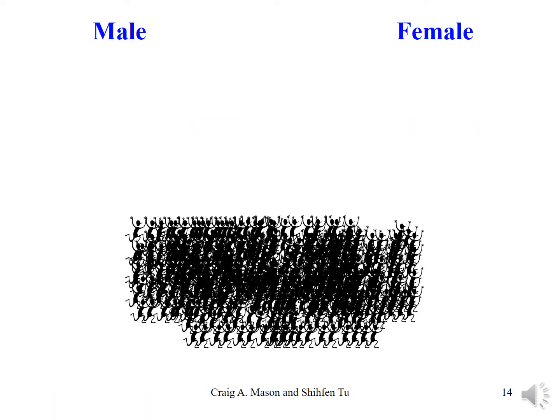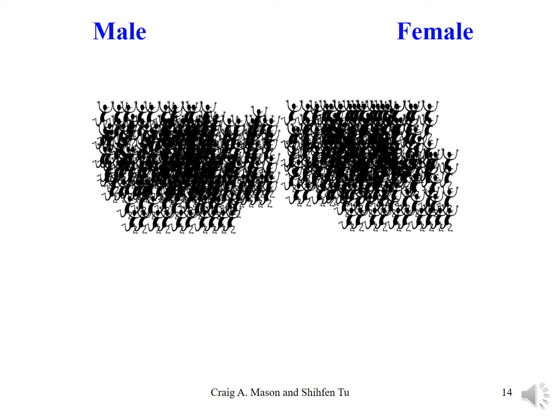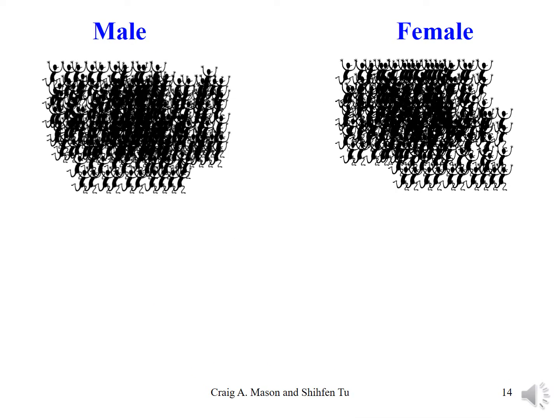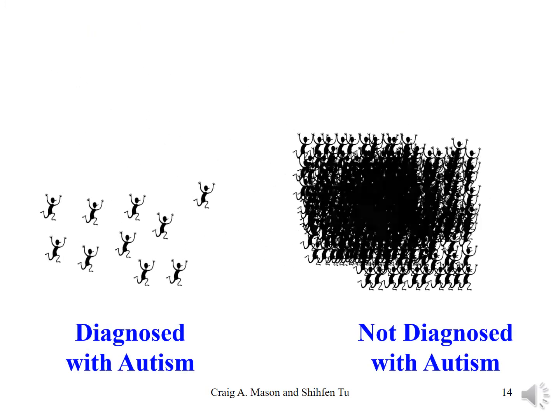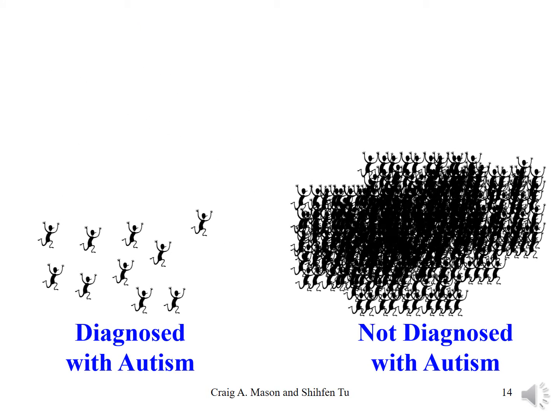What's going on? Now, it's not a failing of the math or of the correlation coefficient. It's just a result of two distributions being very, very dissimilar. One variable, child gender, is a 50-50 split. On the other hand, the other variable, diagnosis with autism, is a 1 to 100 split.